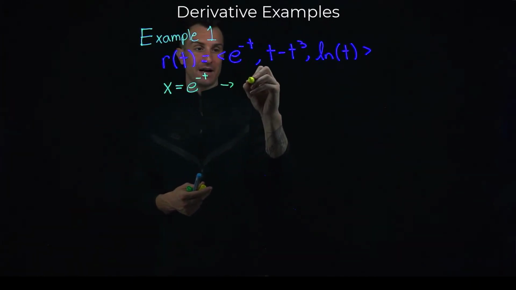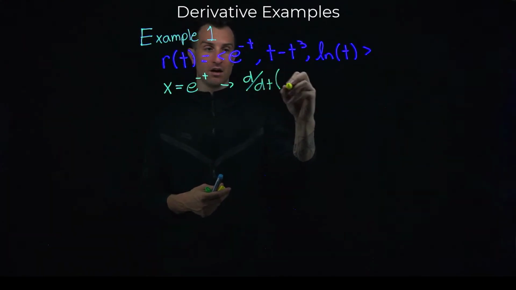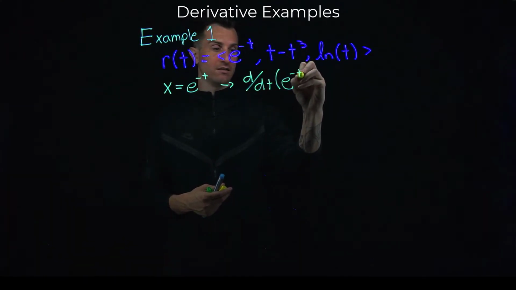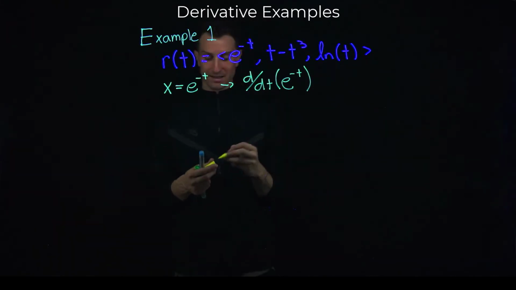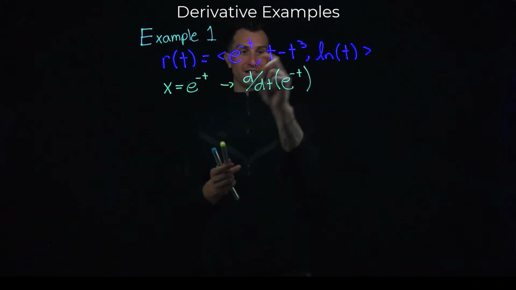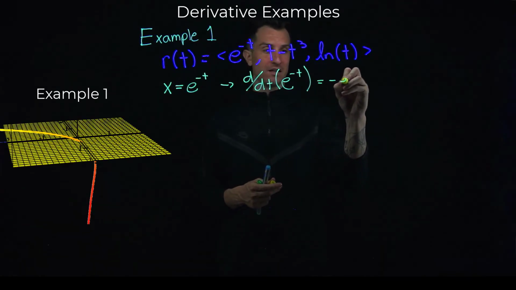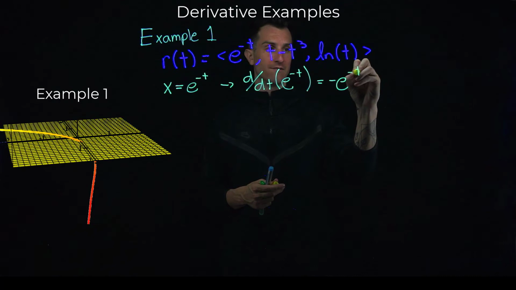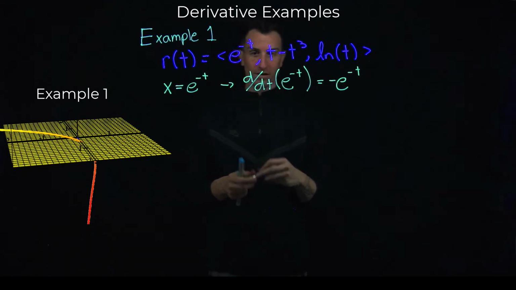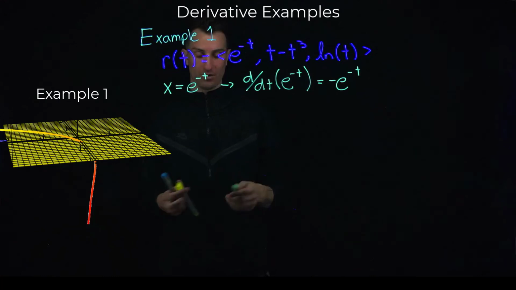If I take my derivative with respect to t of e to the negative t, well, this is a slight chain rule, a very small chain rule. The negative sign comes down in front, and we have negative e to the negative t. Easy enough, right? So we need to know our e to the t rule, plus a chain rule here.